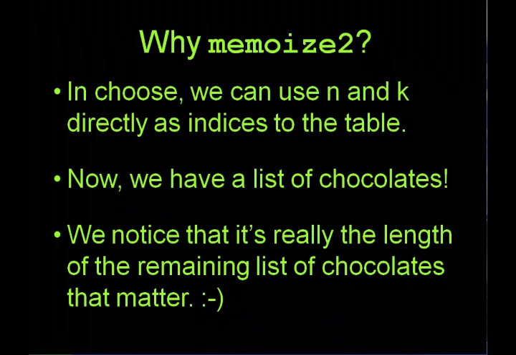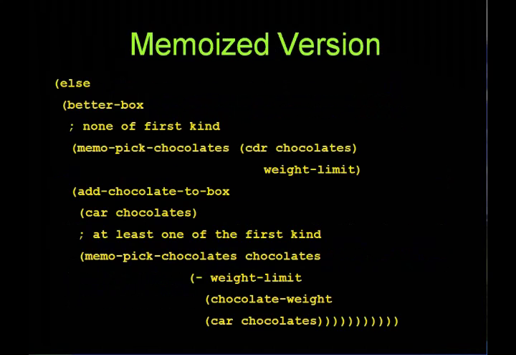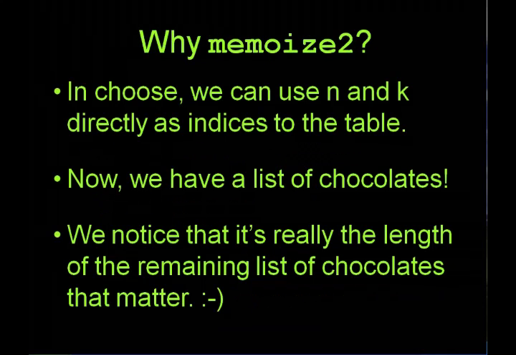Why use memorize 2? Because last time, we actually used n and k to look into the table when we did the, what's that thing called? N choose k, right? So now we list chocolates. We notice that it's not really the list that matters. For memorize 2, you need to change this because last time we actually used 2 numbers, n and k.